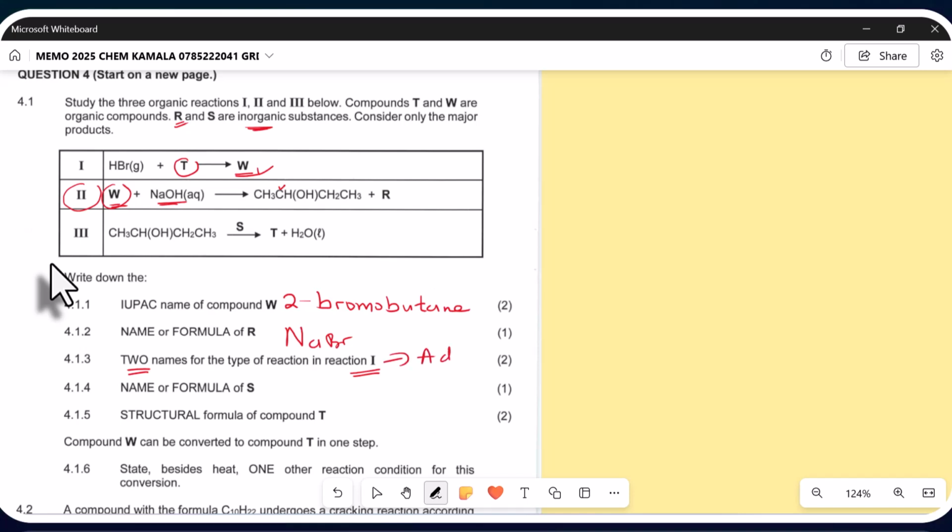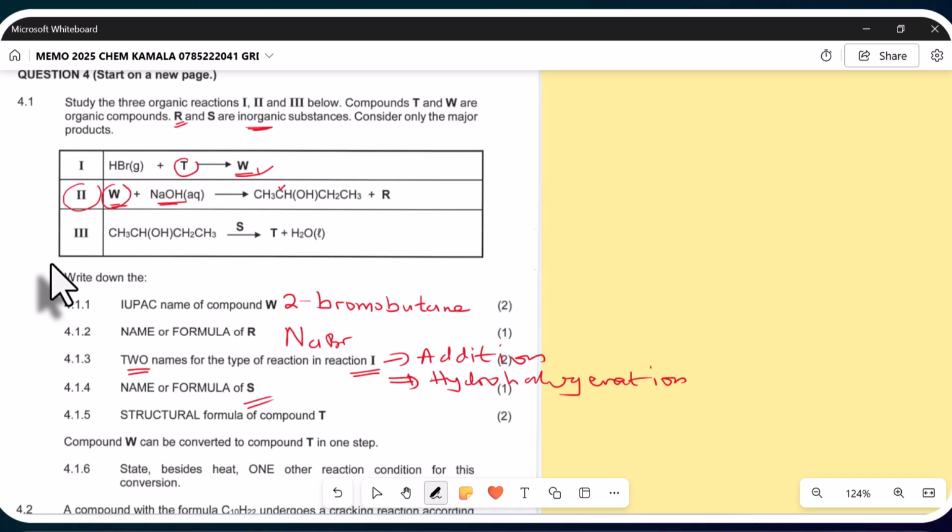And as you can see here, this alkene, where do we have the double bond? Is it in the middle here, or is it here on carbon number 1? Where we have our OH, our OH is on carbon number 2.